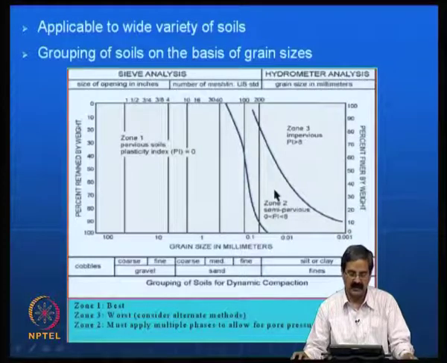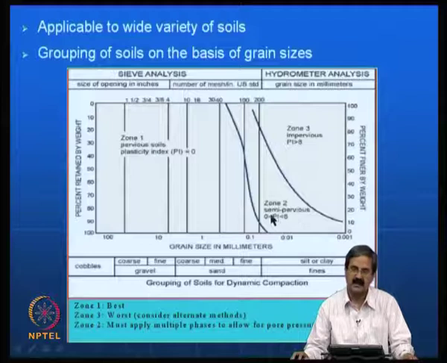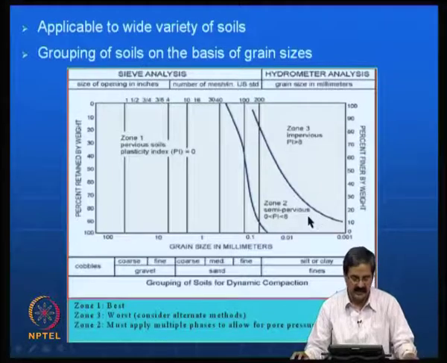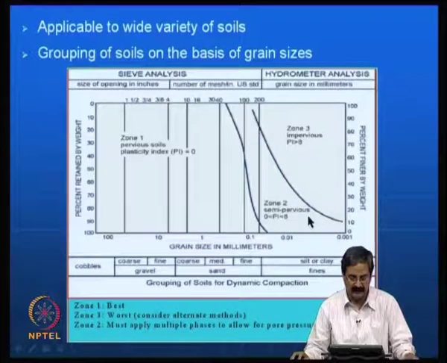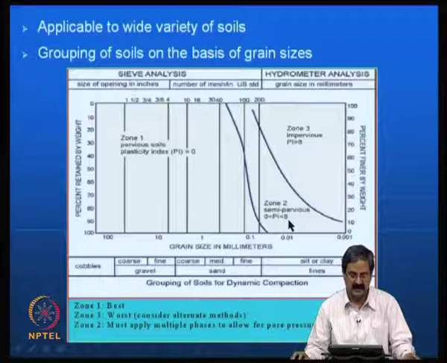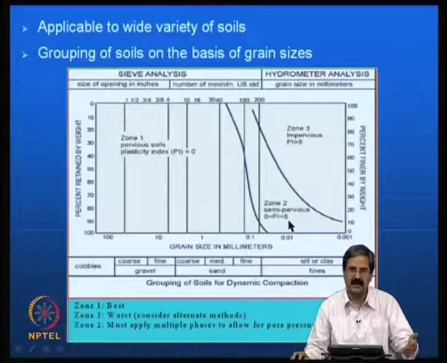And in between, the zone 2, we can say that it is semi-pervious, and the plasticity index is in the range of 0 to 8, and here one should be a little more careful in applying dynamic compaction techniques, and it can't be rapid.